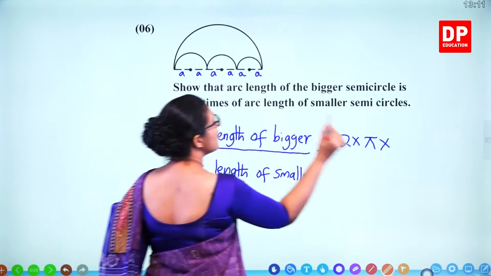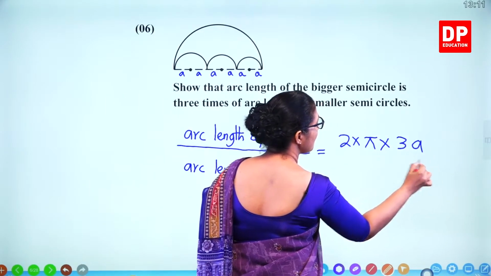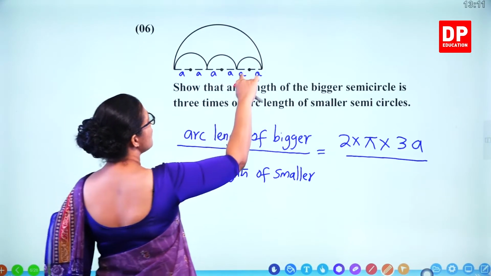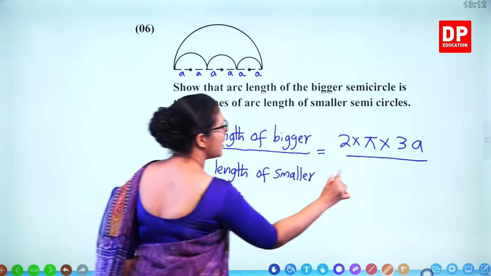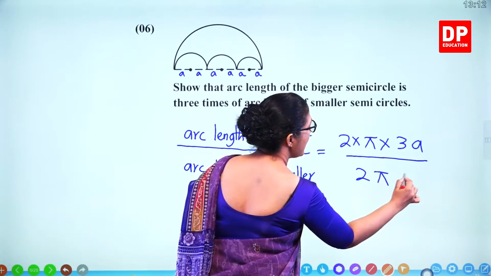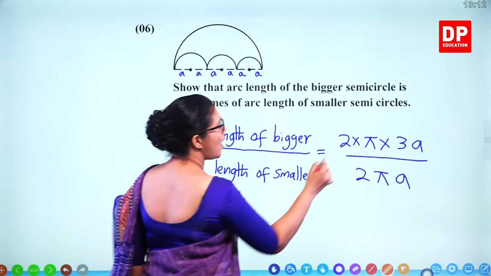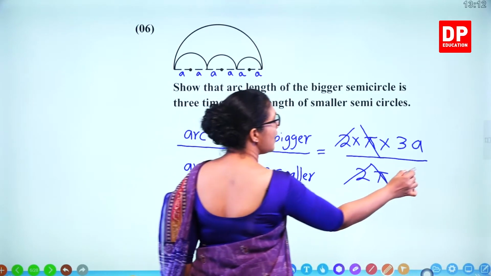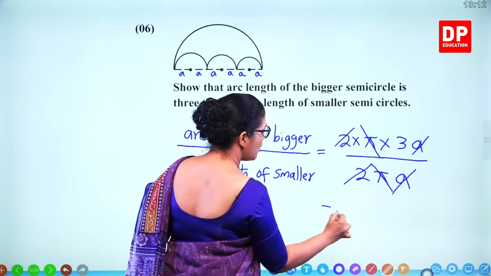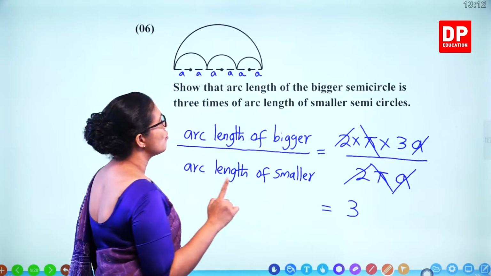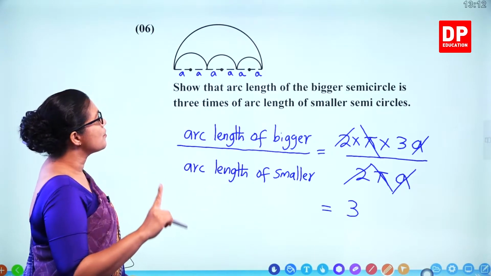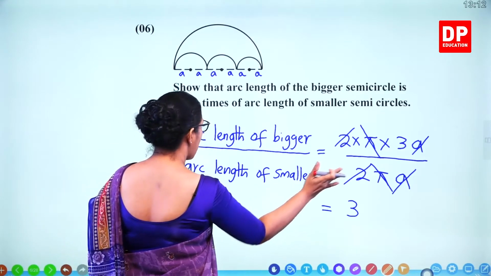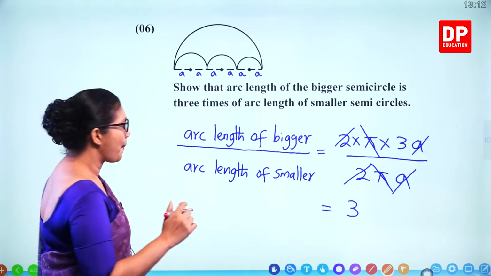R becomes 3a. Smaller one. What's the radius of the smaller one? A. 2 pi a. Now when you divide, 2 gets cancelled out, pi also gets cancelled out, A gets cancelled out, you get 3. So that means this is 3 times. So bigger arc length is 3 times the smaller one.